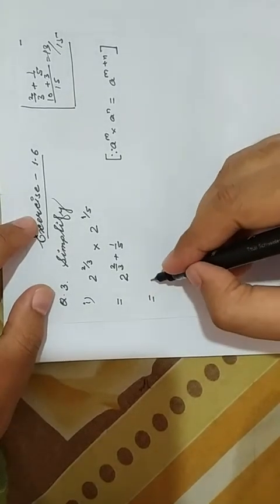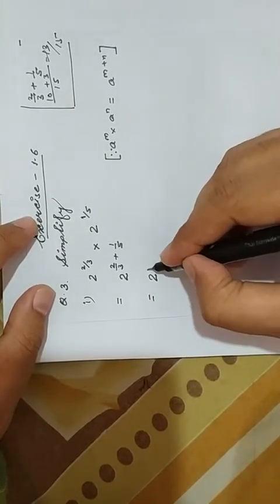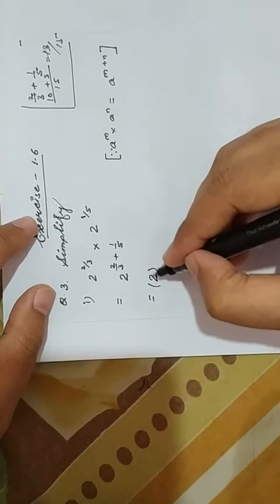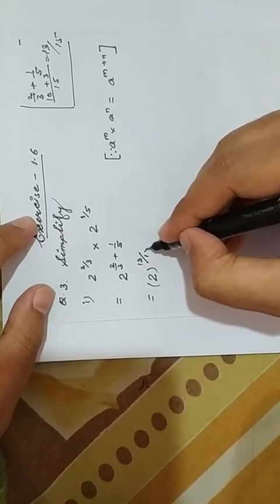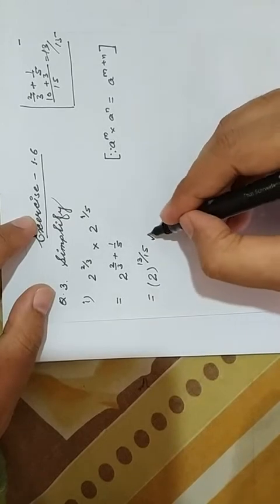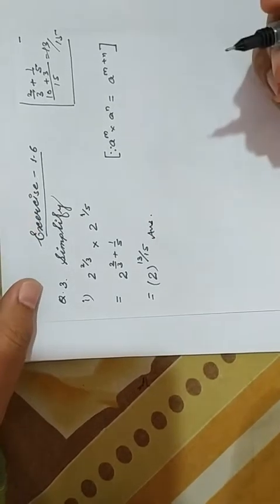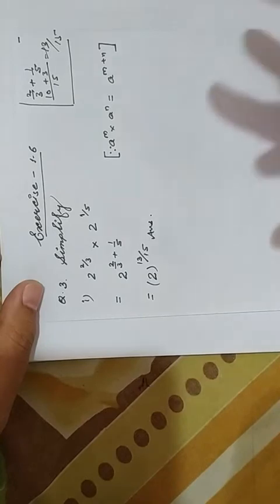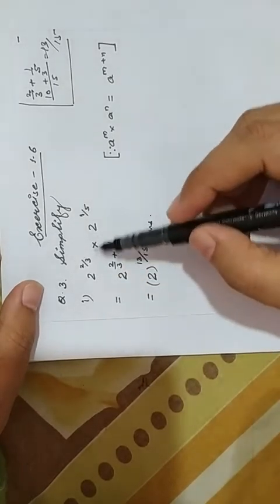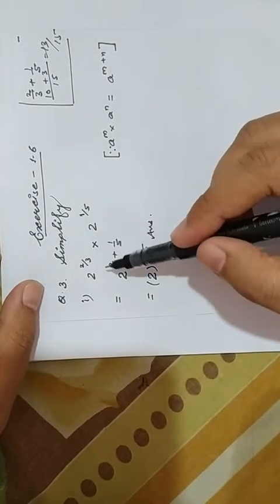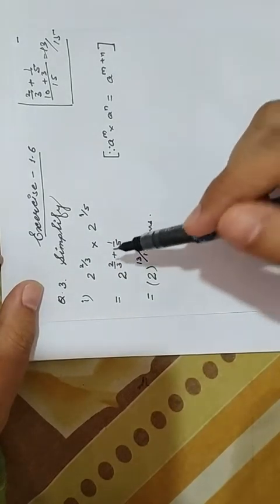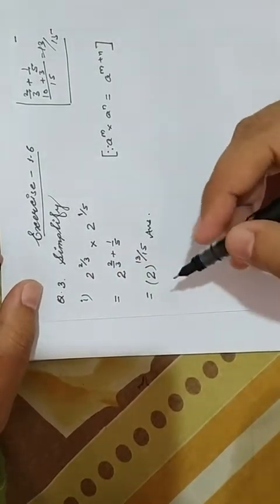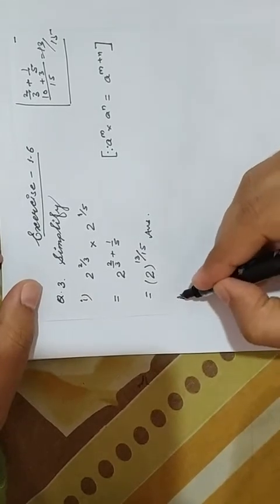So we can write 2 to the power 13 upon 15. This is the answer. Is that clear? Simply we will see the question and find which law is suitable to use on the question. Come for the next one.